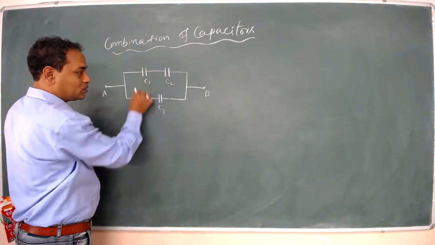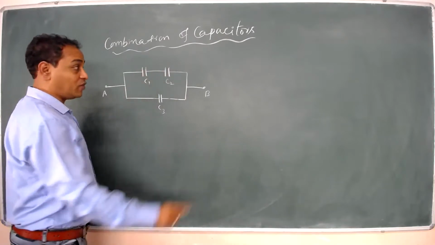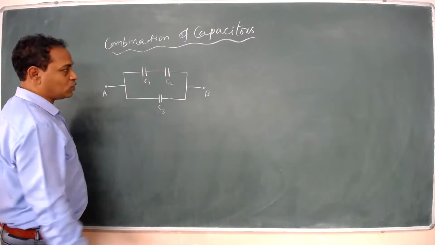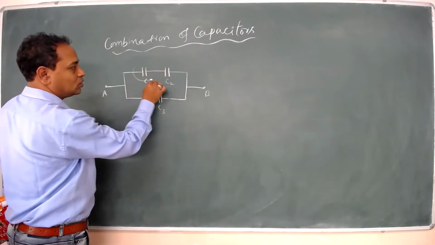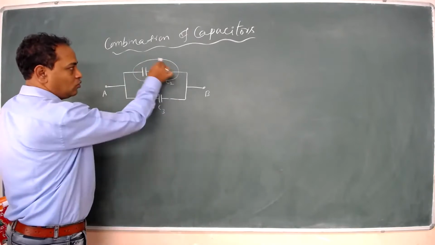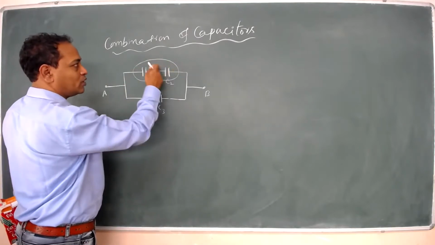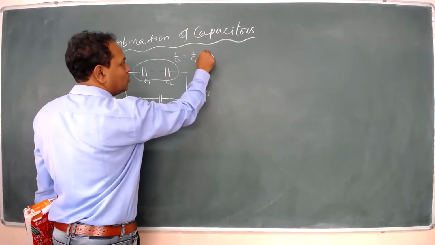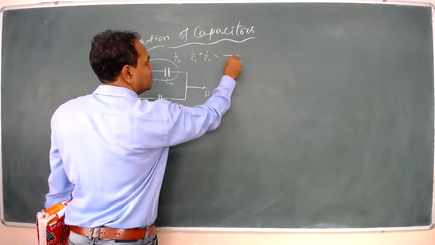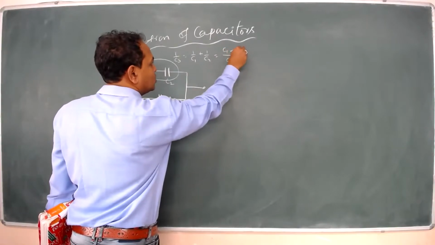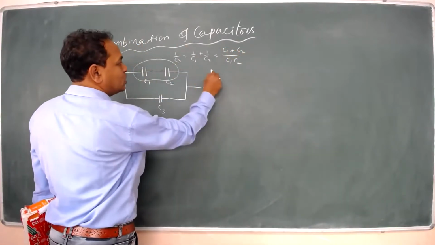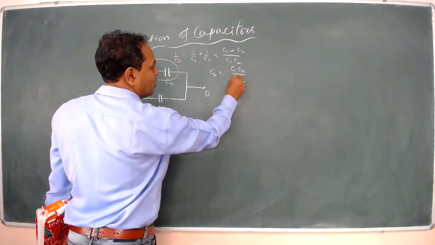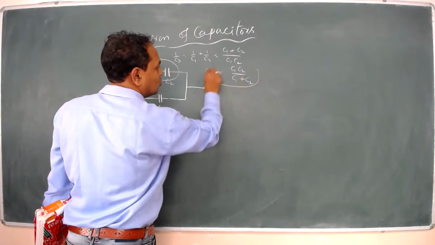Now what is the effective capacitance of all three that we have to calculate? First we have to calculate this one initially. For this we know the simple formula, 1 by Cs is equal to 1 by C1 plus 1 by C2. This implies 1 by Cs equals C1 plus C2 by C1 C2. If you reverse it, Cs is equal to C1 C2 by C1 plus C2.